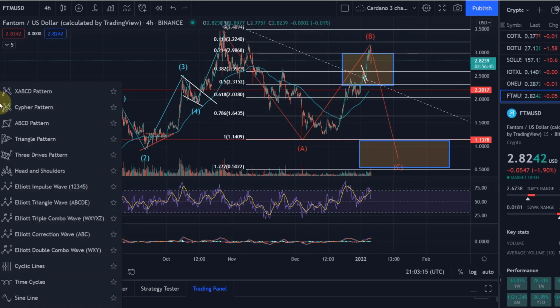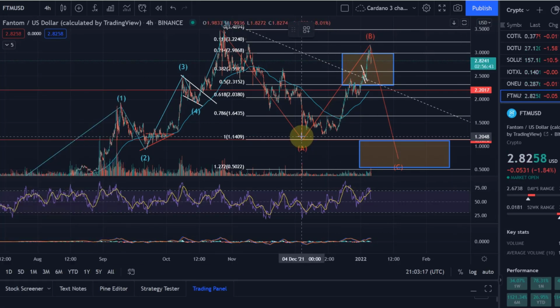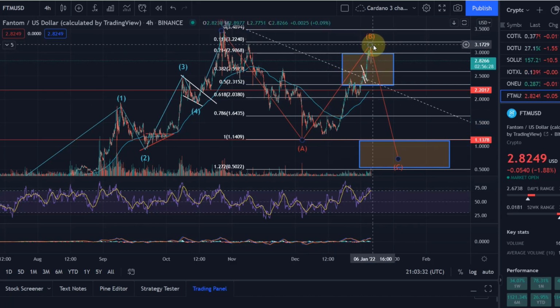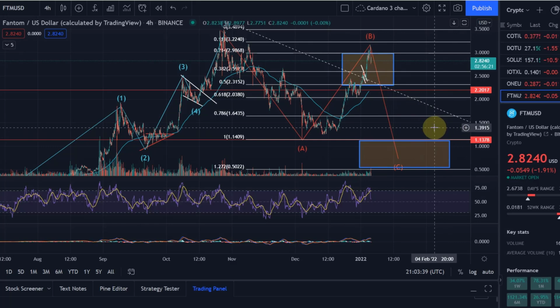This might be complicated, that's why I don't go into detail here. But within this, you have your A, which is impulsive, your B, which is corrective, and your C, which is impulsive. And after the ABC, you get the move the other way, your impulse down. So that's where we are with Fantom.